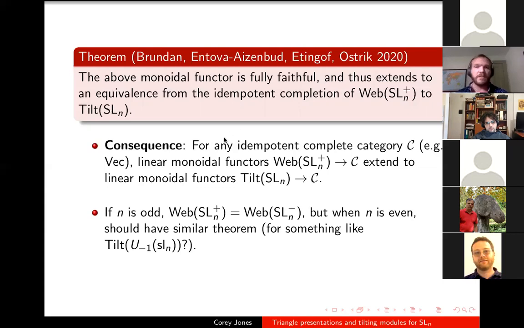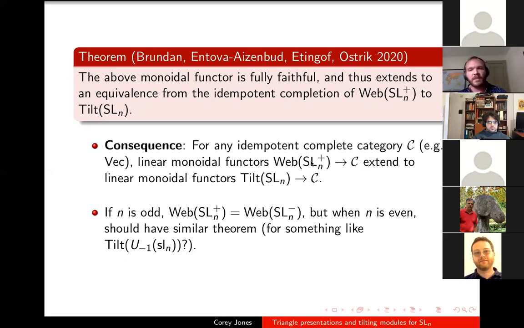But one consequence is that if I have any other idempotent complete category C, and a linear monoidal functor from web SLN plus to C, that will extend to a linear monoidal functor from tilting modules to C, by the universal property of idempotent completions. And in particular, we'll be interested when C is Vec, our favorite idempotent complete category. The reason this is nice is because the category of tilting modules is very complicated. If I try to write down the indecomposable objects and the morphisms between them, and then try to find a functor out of that, it's not an easy thing to do directly.